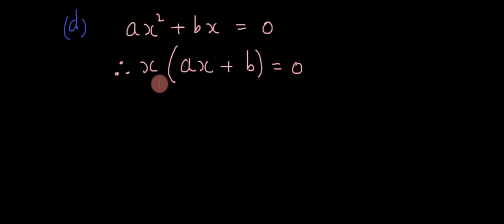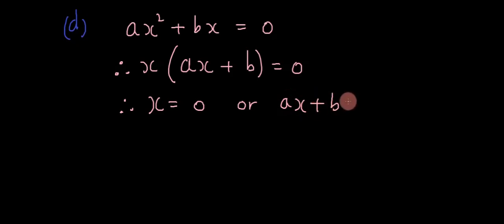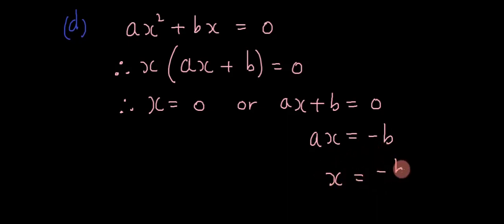Now we can use the zero product rule. So x will equal 0, or ax plus b will equal 0. And solving for x here, we can take the b to the right-hand side. So ax will equal negative b. And now since a isn't equal to 0, we can divide it into the right-hand side. So x will equal negative b over a.